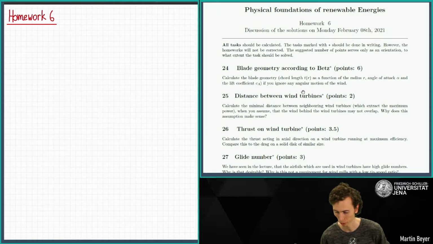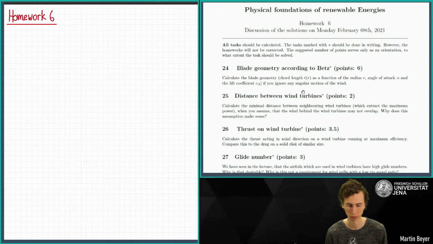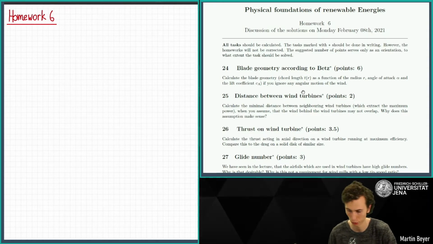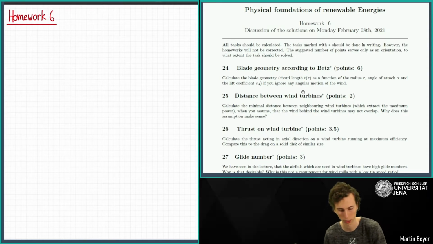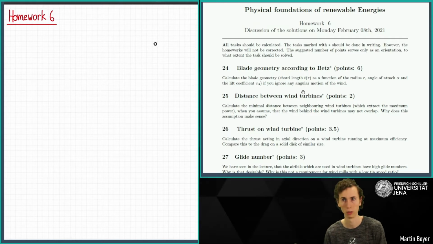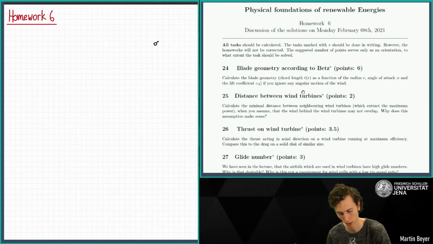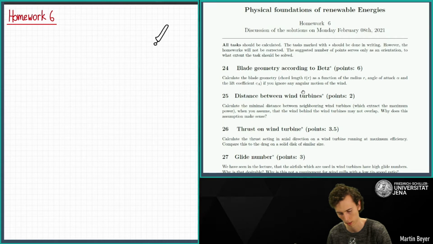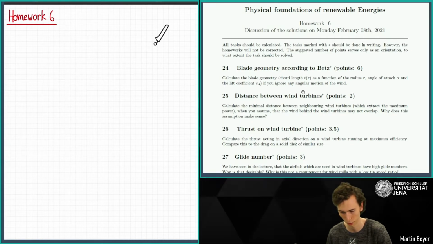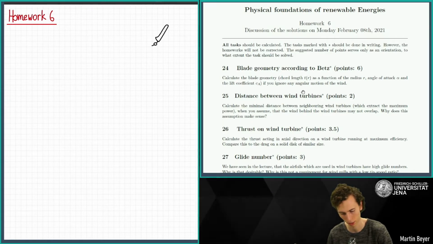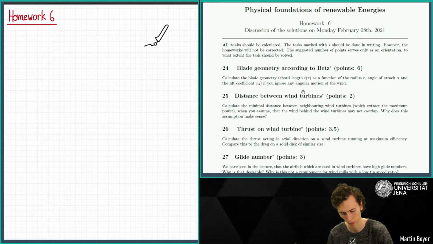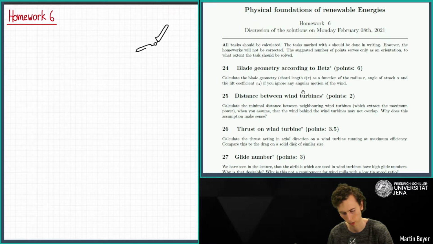Okay, so let's start right now. First, maybe explain what we want to do. So we consider that we have a classical wind turbine, which looks like this. So here we have our blades. They are some sort of shape like this. It's not very beautiful, but I hope I make my point clear here.